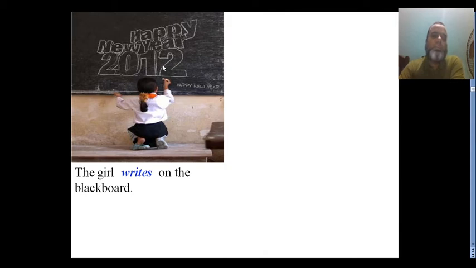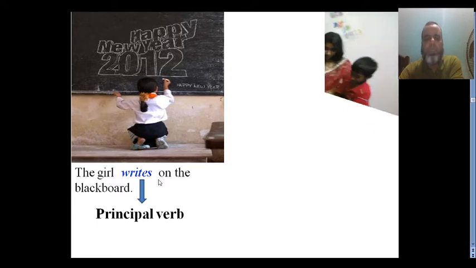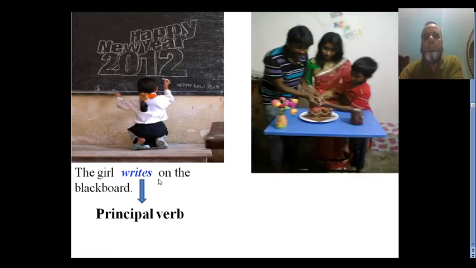See the picture. A girl is writing something on the blackboard. The girl writes on the blackboard. This is a verb, and this is called principal verb. Look at this picture. They are doing something.